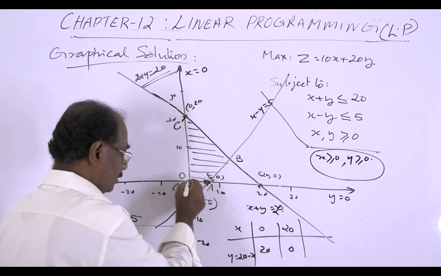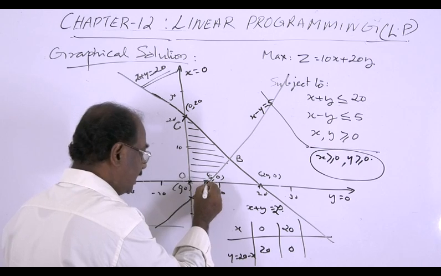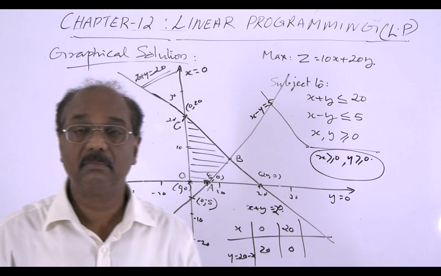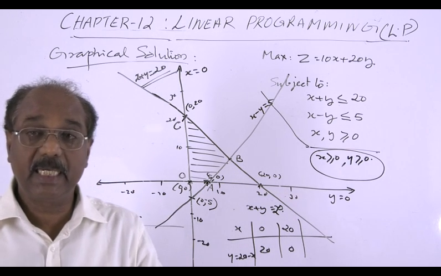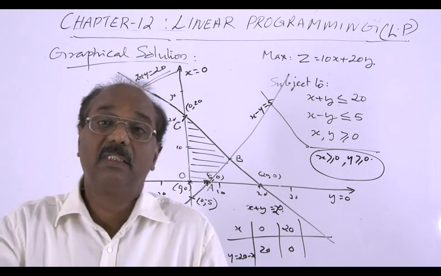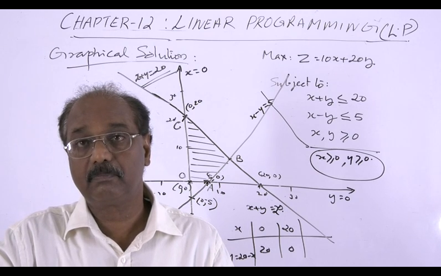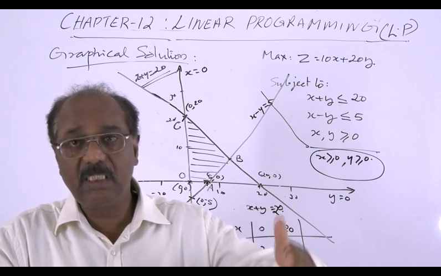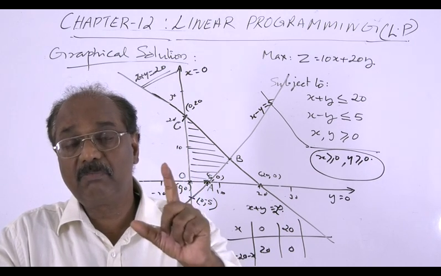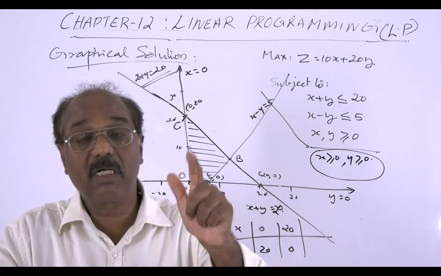That is, this O, A, B, C are the vertices. Maximum will be at a vertex of this polygon. There are values at the vertices which are solutions, but the maximum will come at a vertex. Minimum also will come at a vertex.